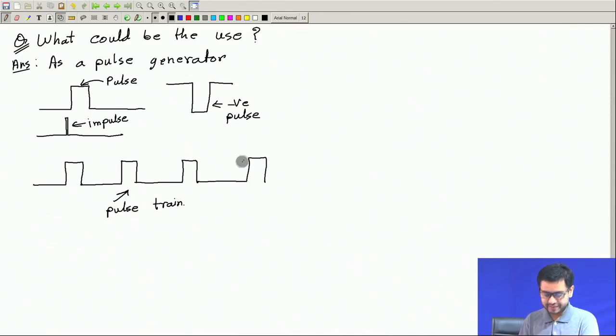This is also like a rectangular wave, with a duty cycle not equal to 50%.